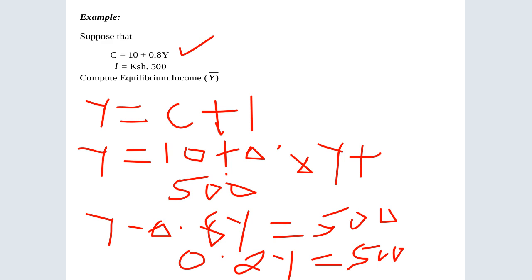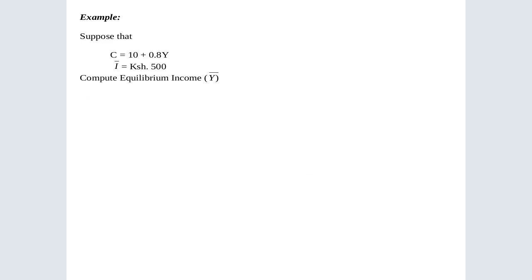So we have 0.2Y, which would be equal to 500.